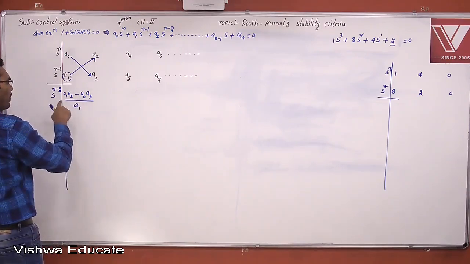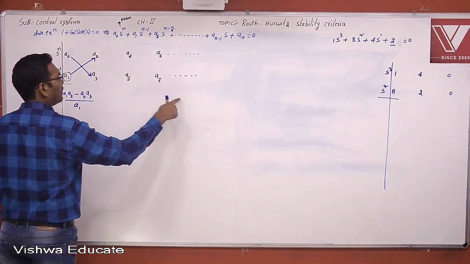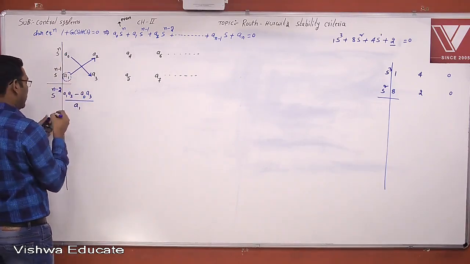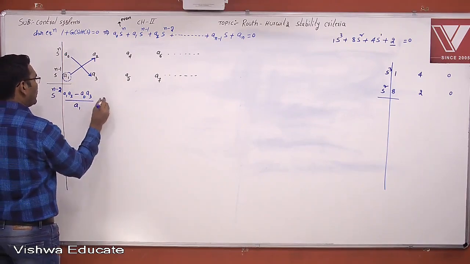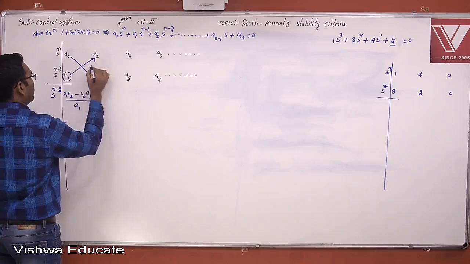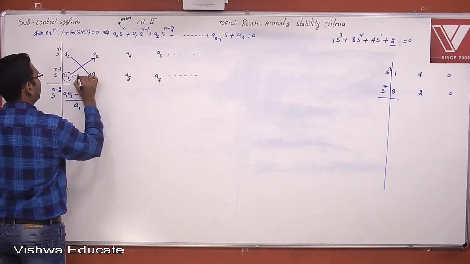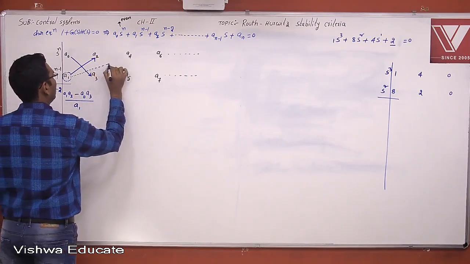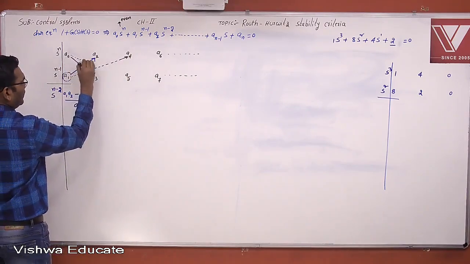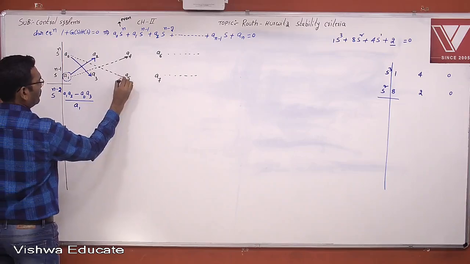If you want to find the quotients in any particular row, then the row above it is the reference row, and its first element is the reference element. If you want to find the quotients here, then this is the reference row, this is the reference element. You just extend the arrows to the next column.